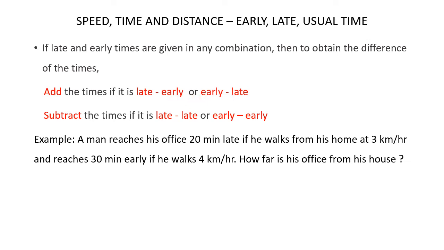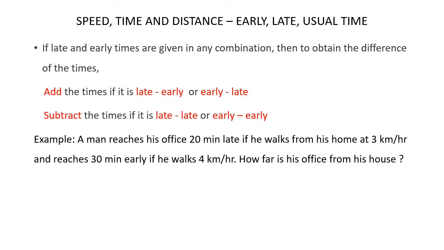Subtract the times if the times given are the same, late, late or early, early, to obtain the difference of the times. For example, a man reaches his office 20 minutes late if he walks from his home at 3 kilometers per hour and reaches 30 minutes early if he walks 4 kilometers per hour. How far is his office from his house?